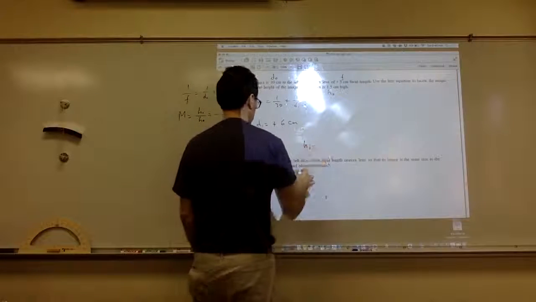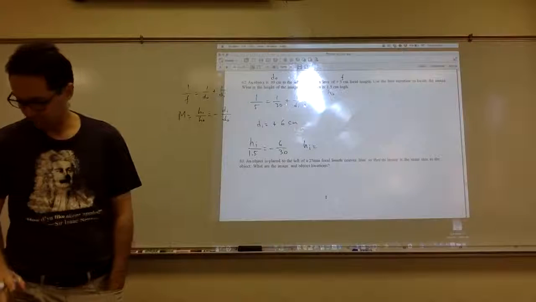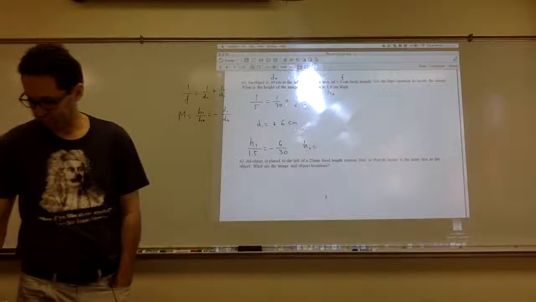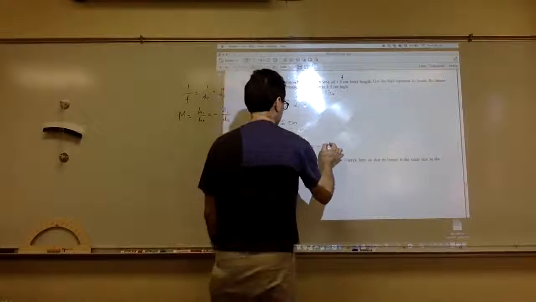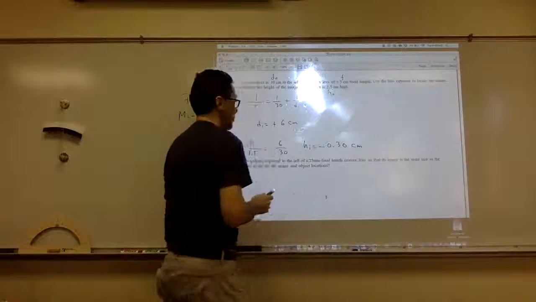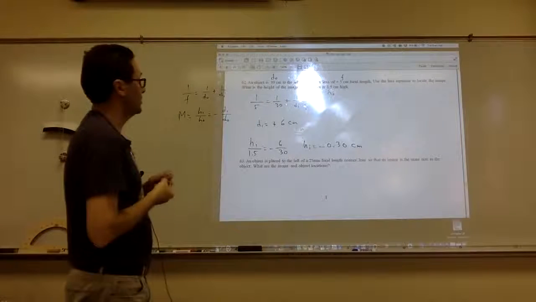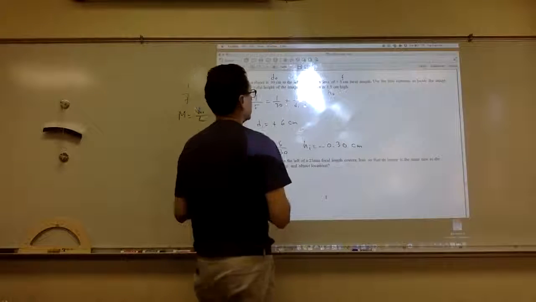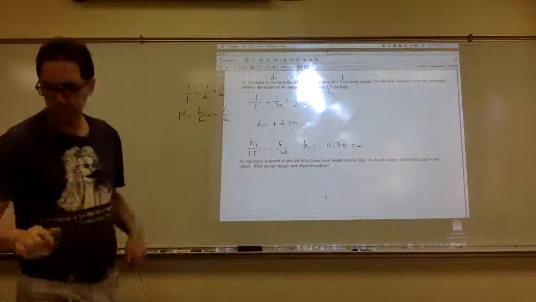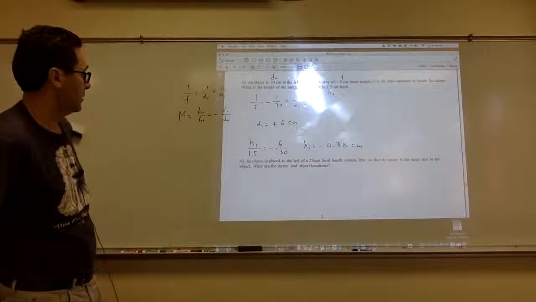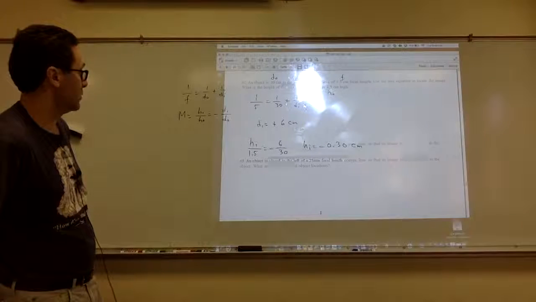So HI is going to be negative 0.3 centimeters. Okay, so we knew it was going to be flipped and it was going to be on the other side. All right, and it's going to be small because you're way to the left of the focal point, past the center of the curvature.